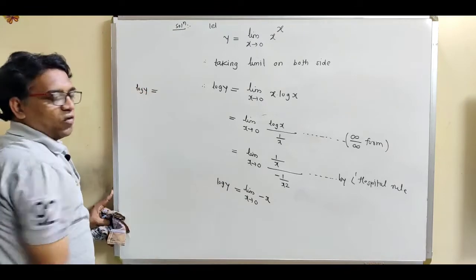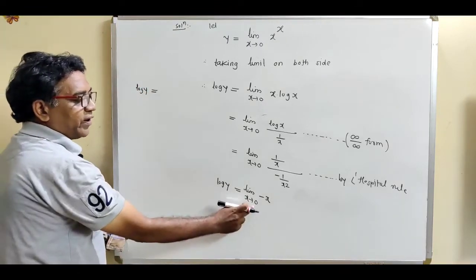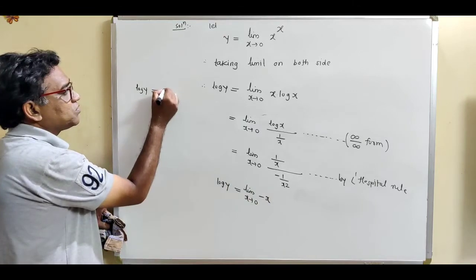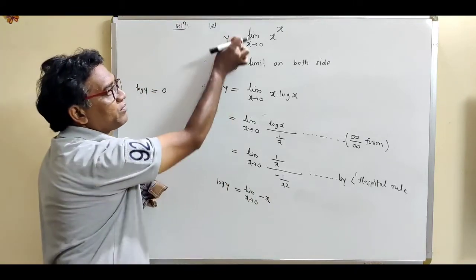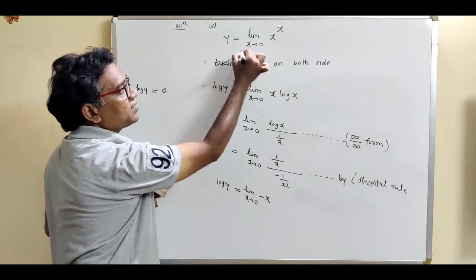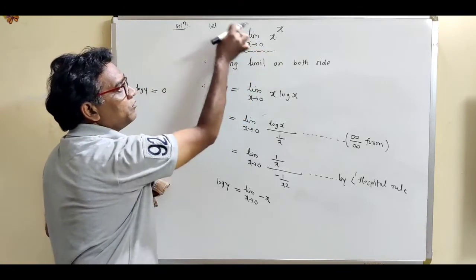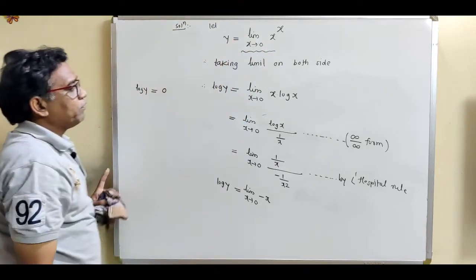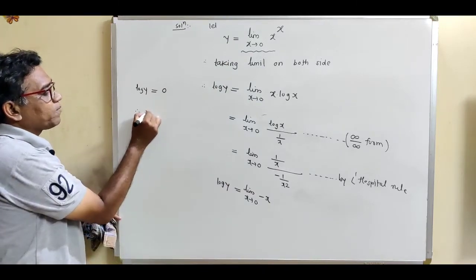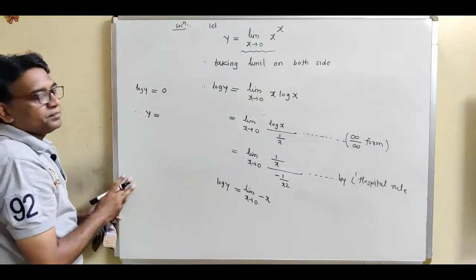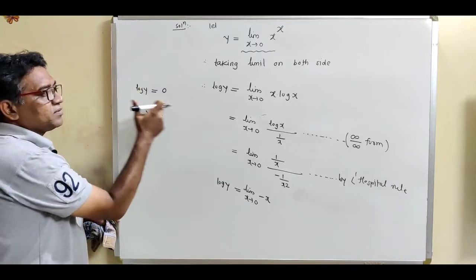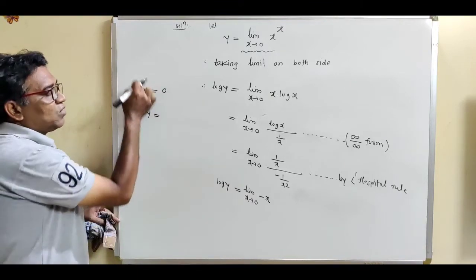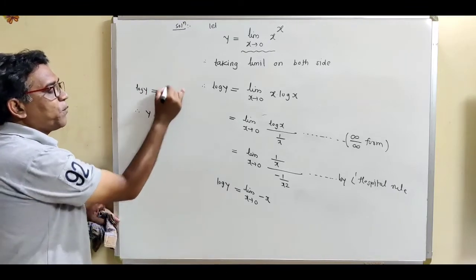This is the left hand side, log y is equal to, now put x equal to 0 in the given function. So 0 is the limit. Now actually we want to find out the value of y. We want to find out this limit. That means we have to find out the value of y. So y is equal to, now if we transform this logarithm term to the right hand side, the logarithm becomes the exponential term.